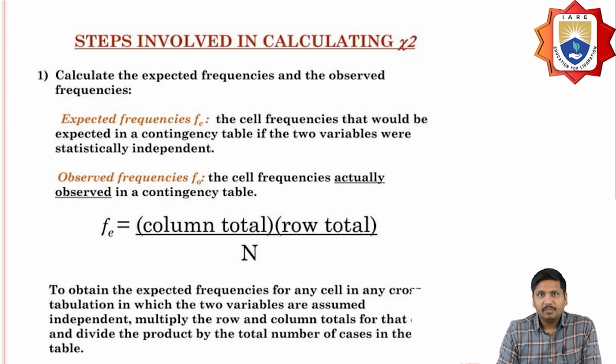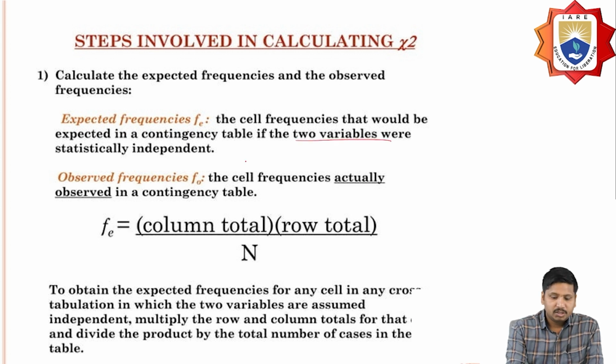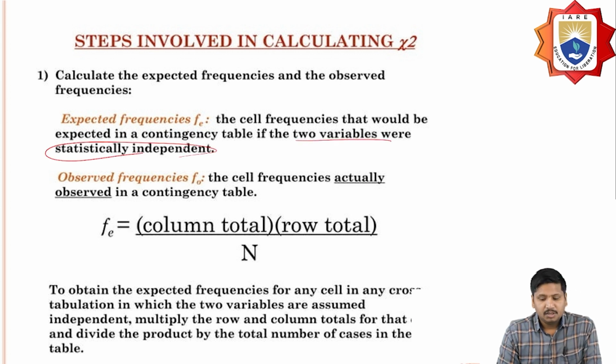It is given by the column total by row total.